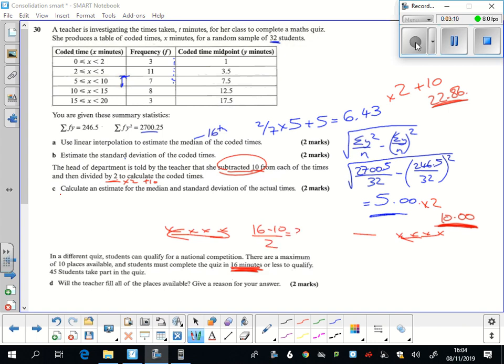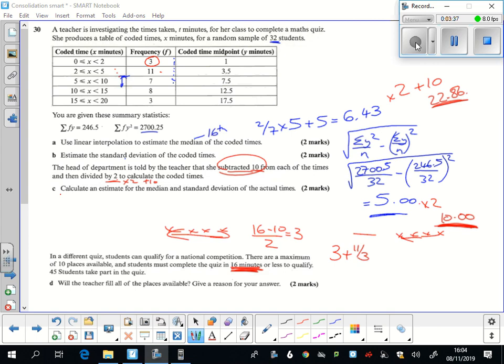So if you subtract 10 and divide by 2, it means we're trying to find out how many people took less than 3 minutes. Well, these 3 people took less than 3 minutes. And you notice that group there has got 3 minutes in it there. So 1/3 of those. So we got the first 3 and 1/3 of those. They all took less than 3 minutes to do this thing.